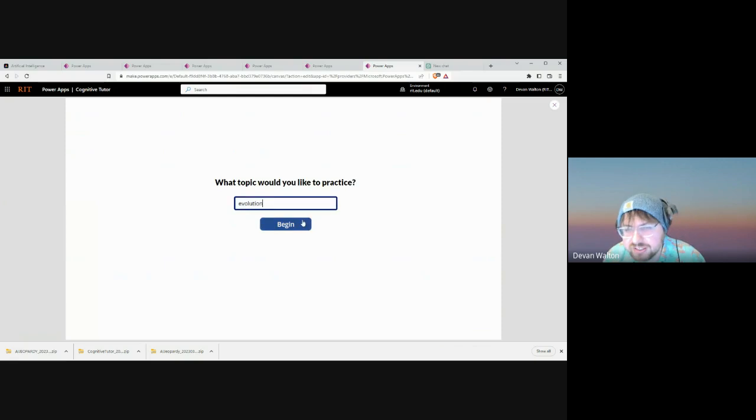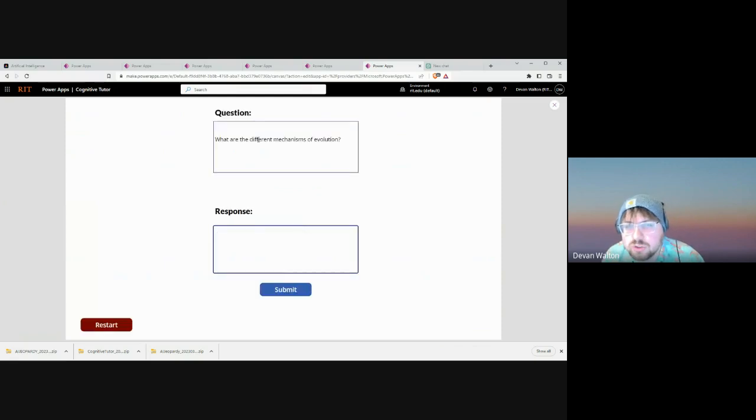What this tool will do is generate questions related to whatever topic we select, and it will automatically evaluate our responses to that question and generate a new question that relates to what we got wrong or relates to any misconceptions that we had. The new question tries to remediate our understanding of the topic if we had some sort of misconception.